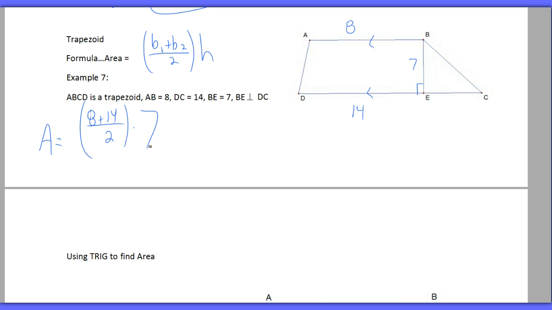And I want you to remember that this part of the formula on the inside, the B1 plus B2 divided by 2, is just the average of the bases. Sometimes the problem might tell you, here is the average of the bases. In that case, that's giving you everything that I have highlighted in green. Because we're given the bases individually this time, add them together, divide by 2, that's 11. 11 times 7 gives us an area of 77 units squared.